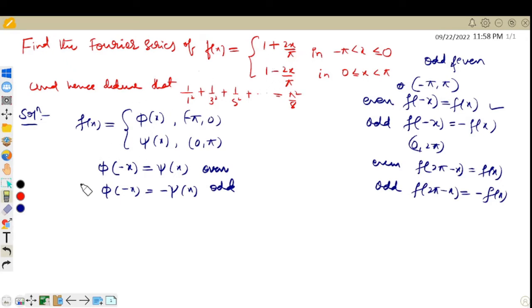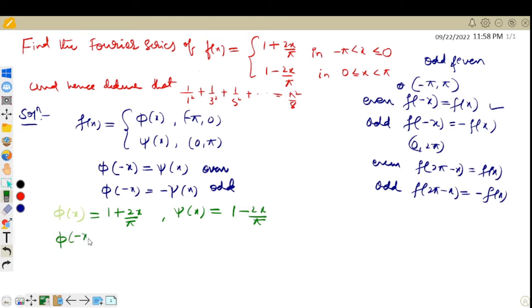Here, phi of x is equal to 1 plus 2x by 5, and psi of x is 1 minus 2x by 5. Let me replace x by minus x in the first one.